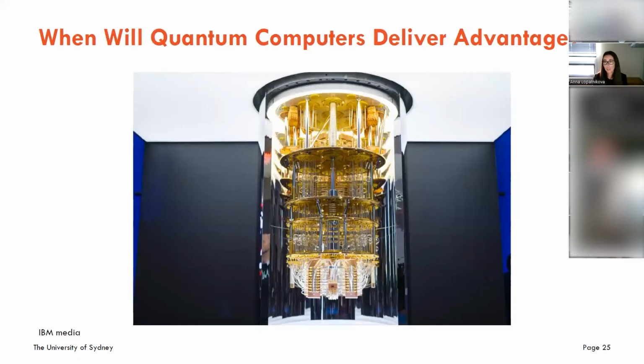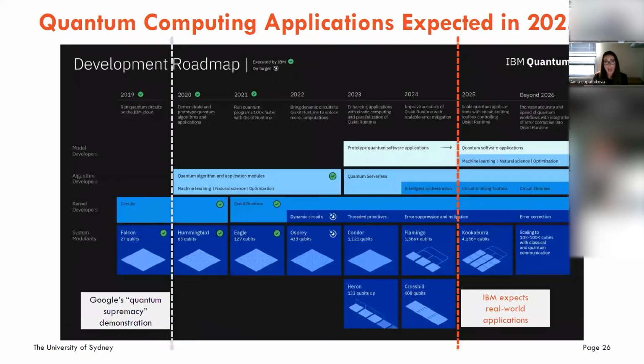And so when can we expect all these goods? When can quantum computers actually deliver something practical? And the answer, according to at least IBM, is quite soon. IBM right now is the top provider of quantum computing hardware.